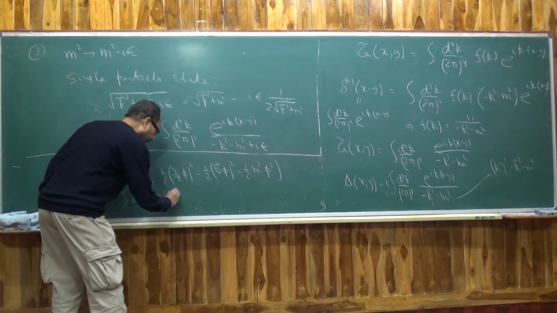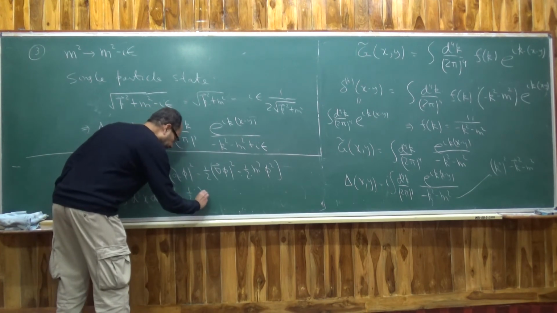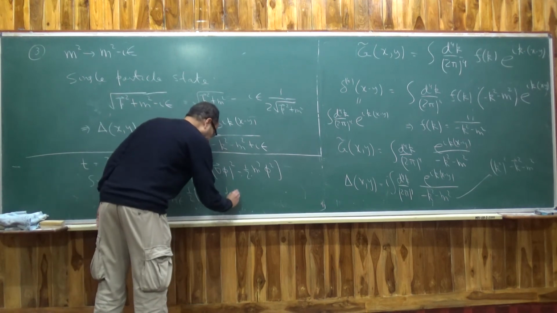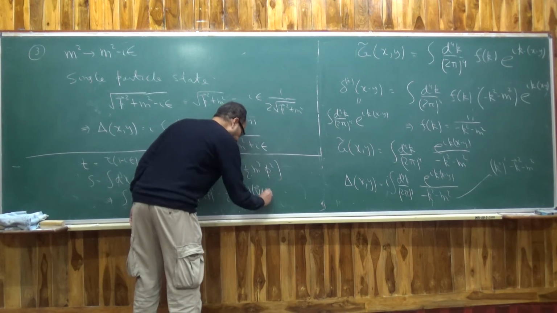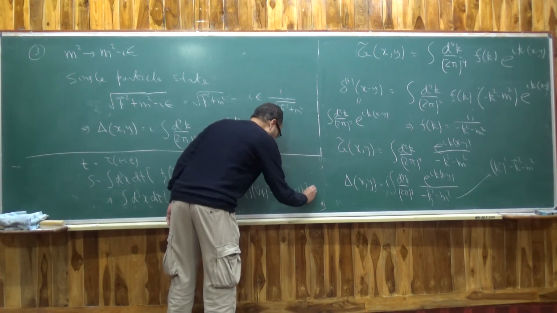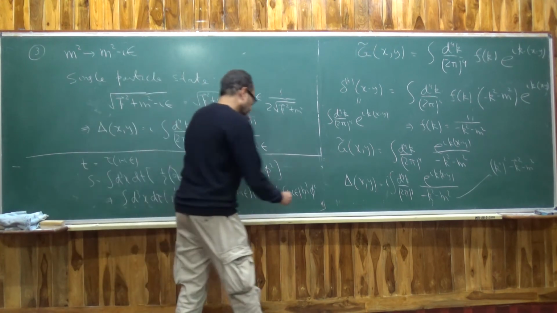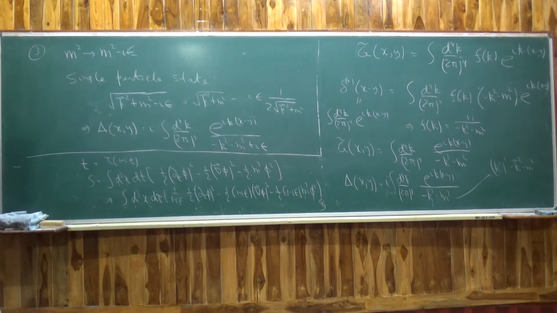So you get 1 over 1 minus I epsilon times half del tau phi square, minus half 1 minus I epsilon del x phi square, minus half 1 minus I epsilon m square phi square. Is this clear?